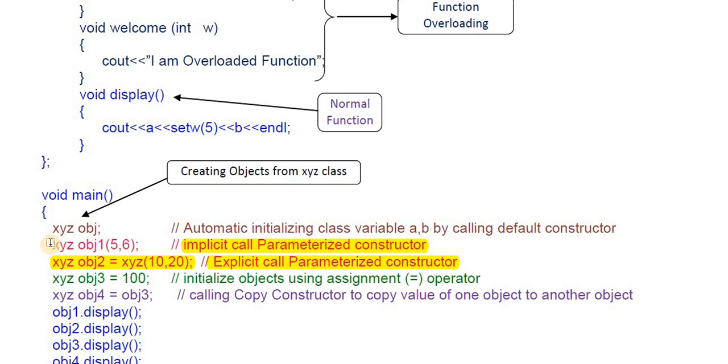And here you can also give the implicit call definition. Implicit call means the constructor is called automatically without using the name of that constructor, by just declaring an object with parentheses and values. So this is about implicit and explicit call.